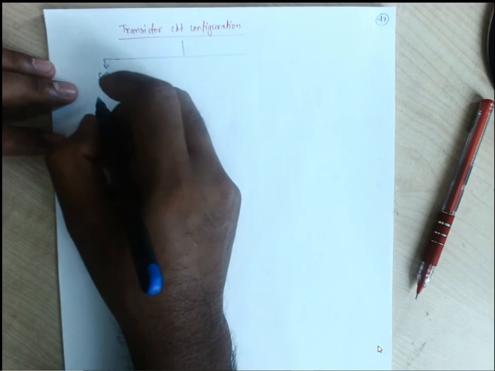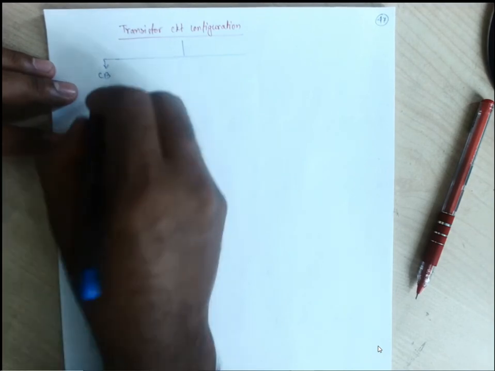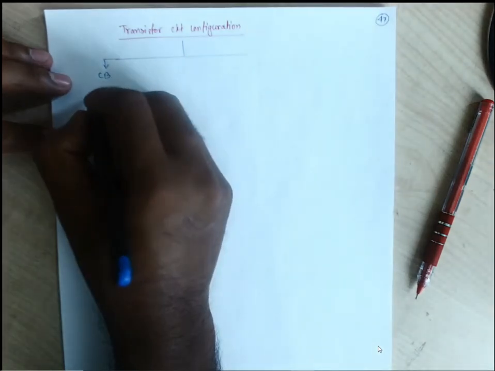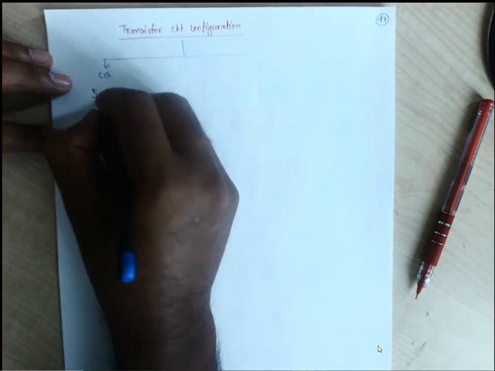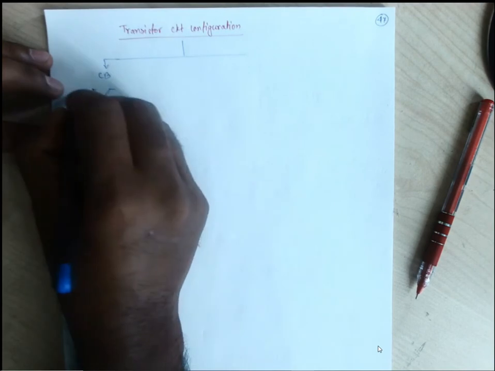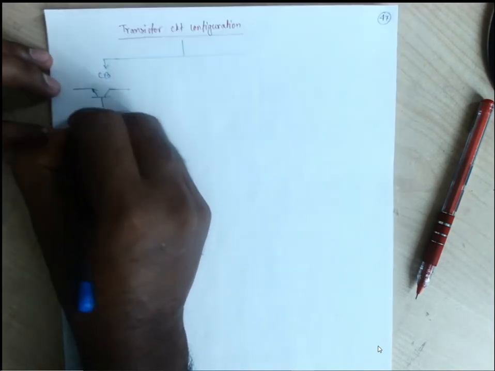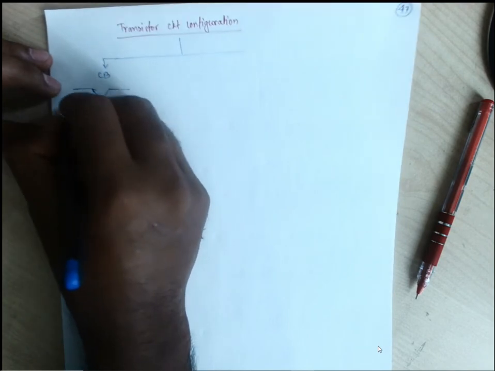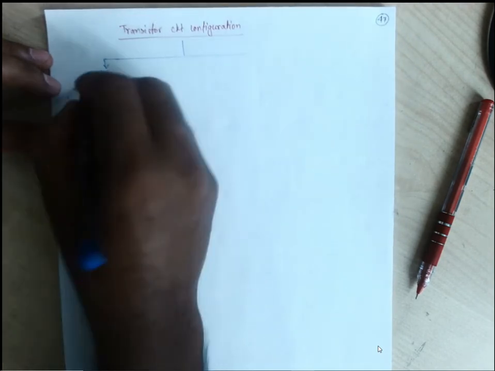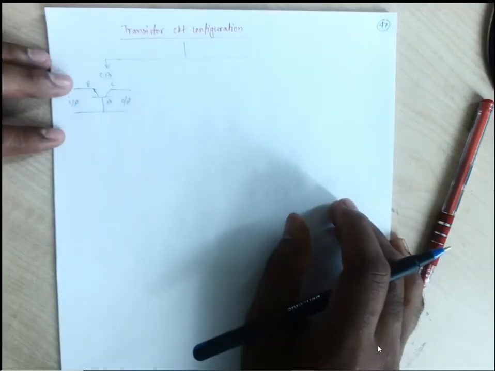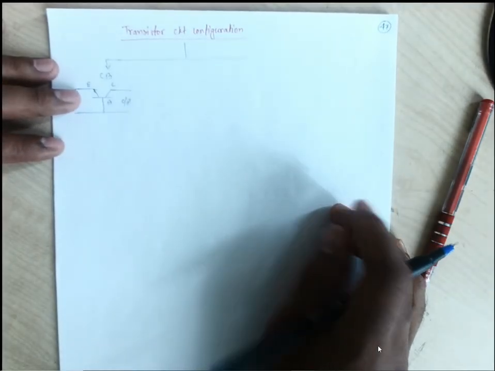Let us take a NPN transistor. So base is common for both the input side as well as for the output side. This is the input side, this is the output side. So it is emitter, collector and base. This base is common for the input as well as for the output.